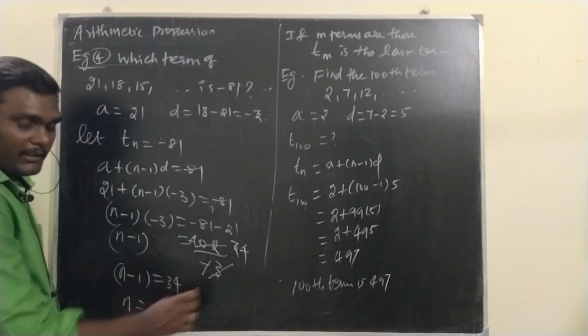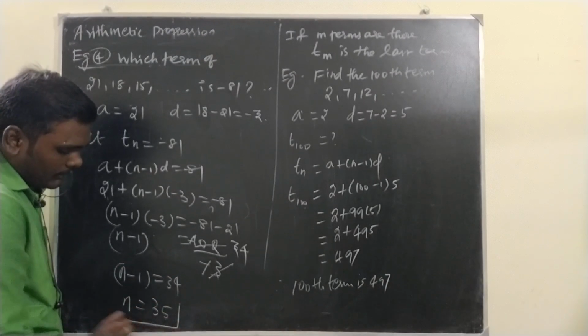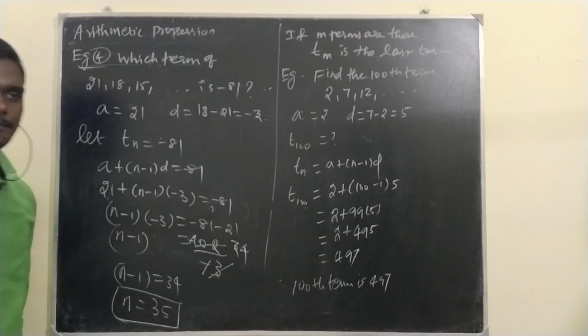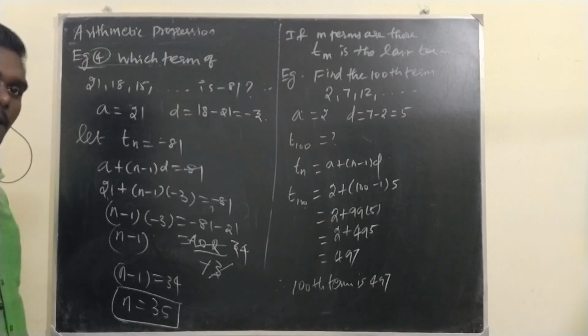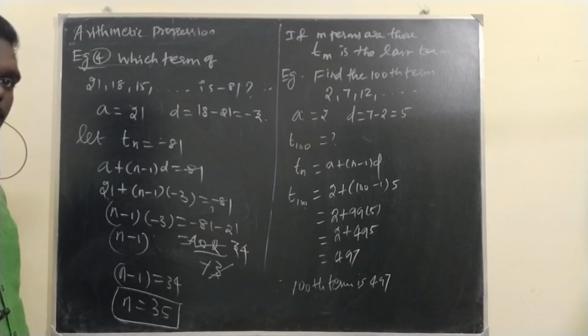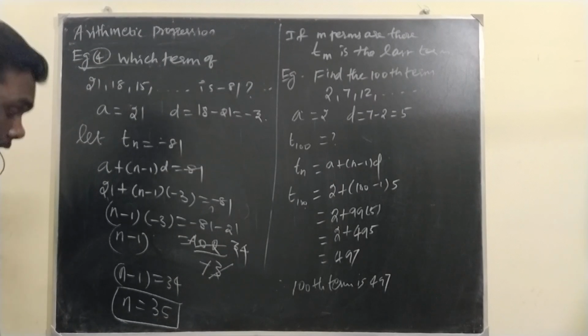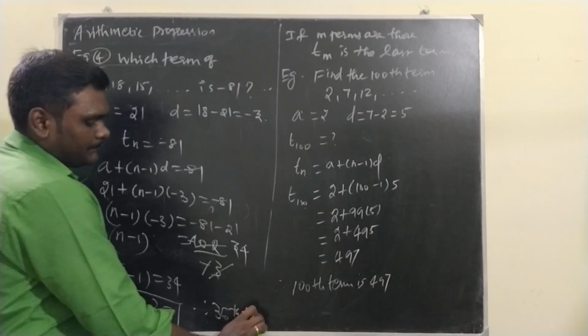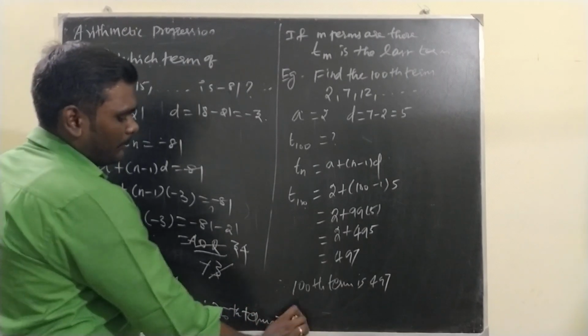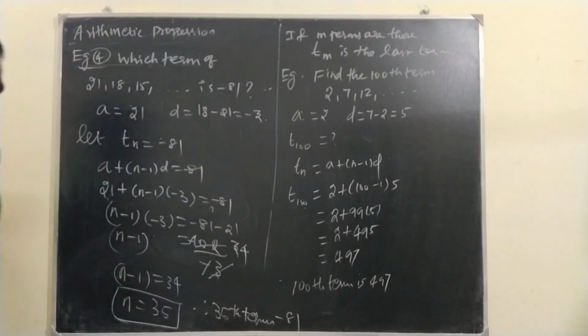N equals, this minus 1 goes there, 35. Is this your final answer? Therefore, the 35th term of the given AP is minus 81.